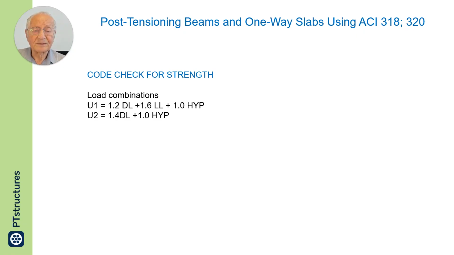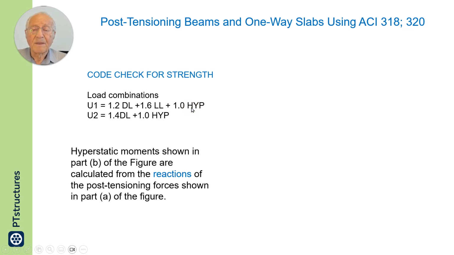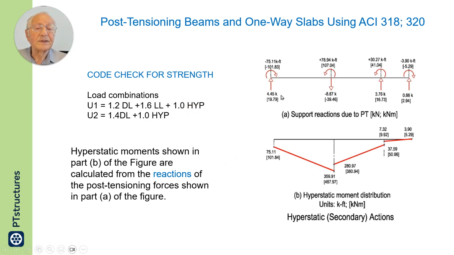You notice here that in the load combination, now you have hyperstatic actions. For service condition, you had PT action. For safety, you have hyperstatic. The hyperstatic moments are shown here. These are the reactions of post-tensioning at the connection to the supports, moments and axials.